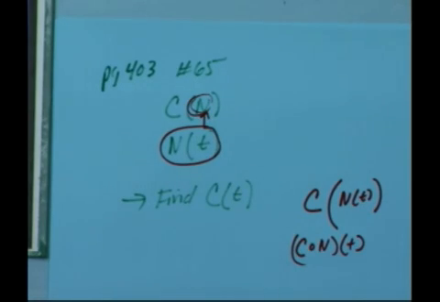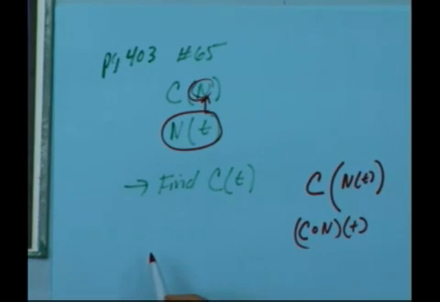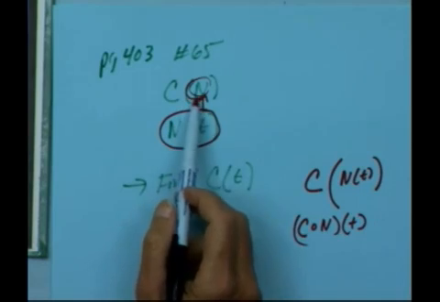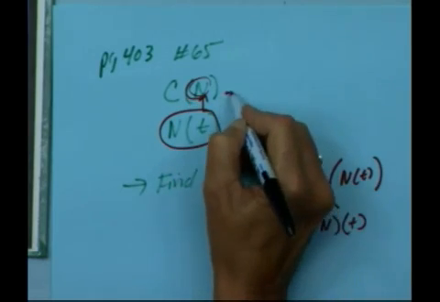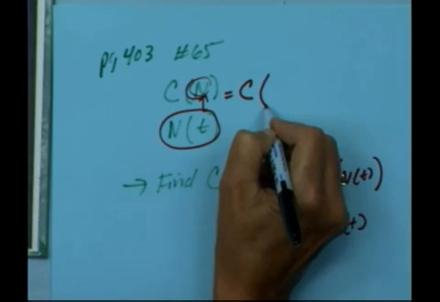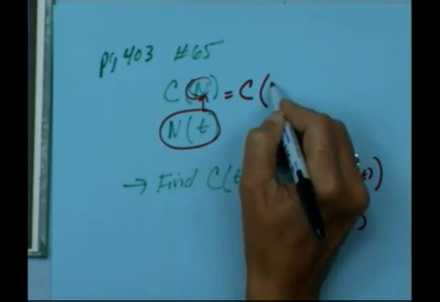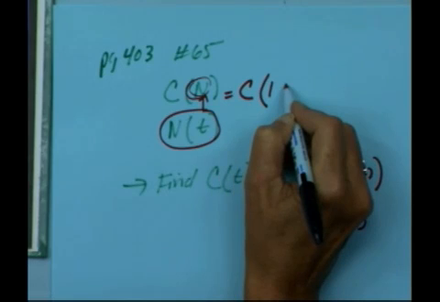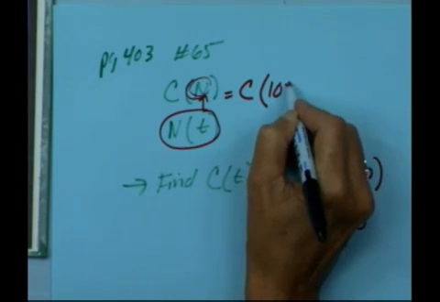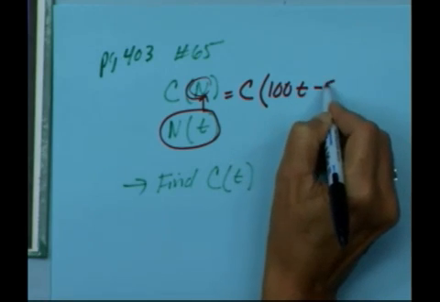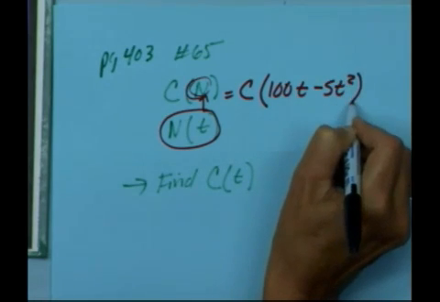Can't we just write it like that? Or do we have to go and find the number? You've got to find the function. Okay, so can we just write C of n? How do you say that? C evaluated at n. So it's going to be C evaluated at n, which is 100t minus 5t squared.